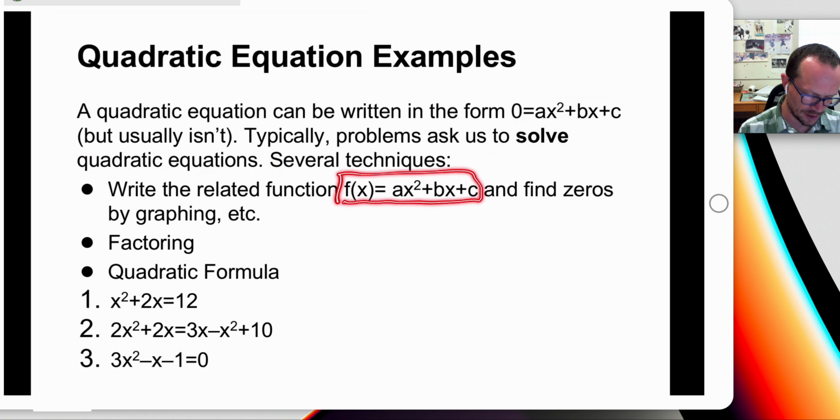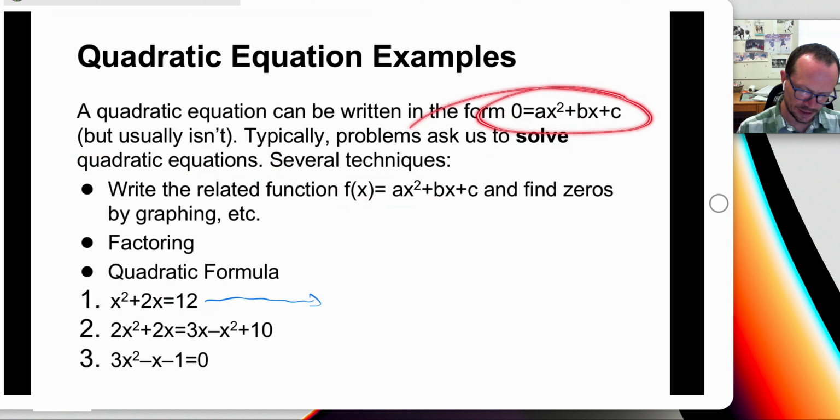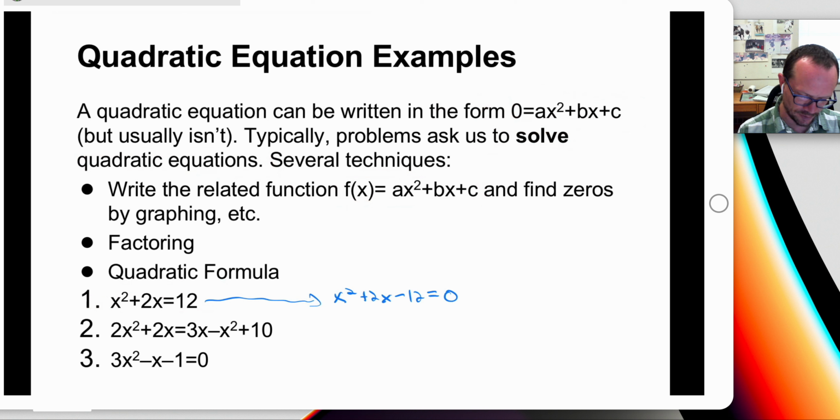So for instance, if we're solving this, we're going to take that problem and write it in this form so that you can see it's a quadratic equation. I'm going to move the 12 to the left, so we get x squared plus 2x minus 12 equals 0.